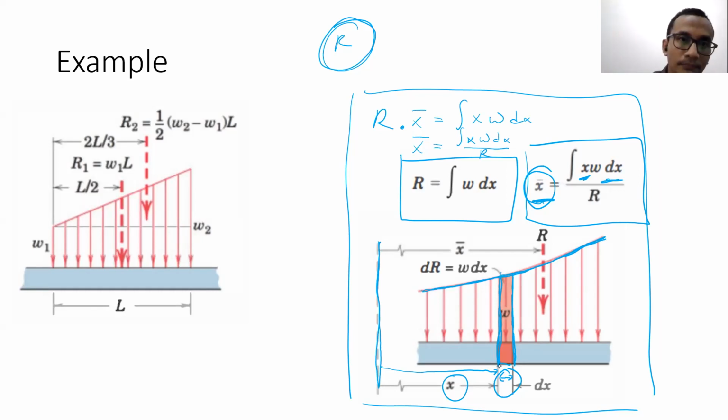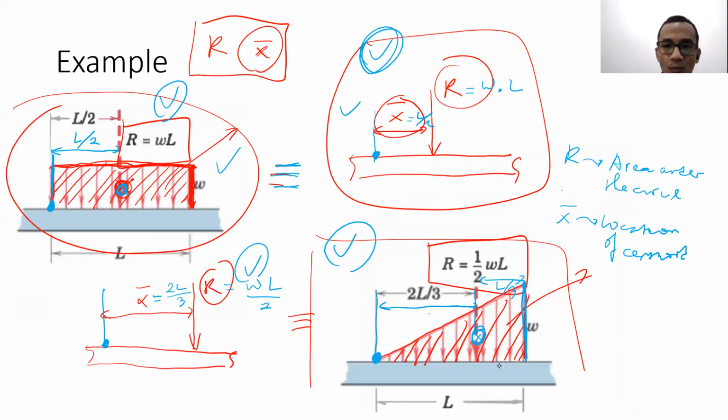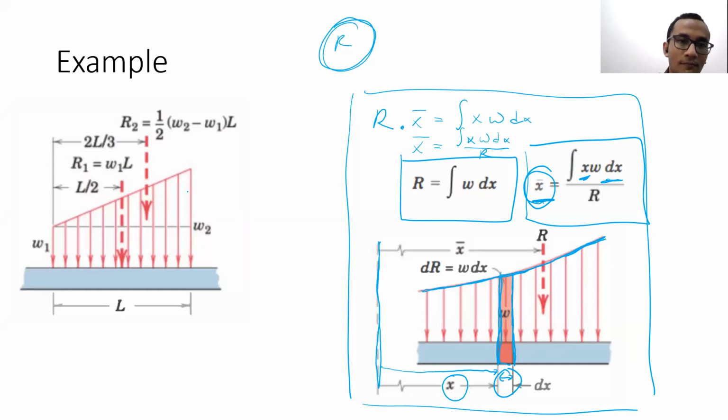Okay, Pak. That's the first thing. This is when we have a triangle. Triangle is quite common. Rectangle is quite common as well. A combination of rectangle and triangle is quite common as well. If we have a combination of rectangle and triangle like this, what can we do?